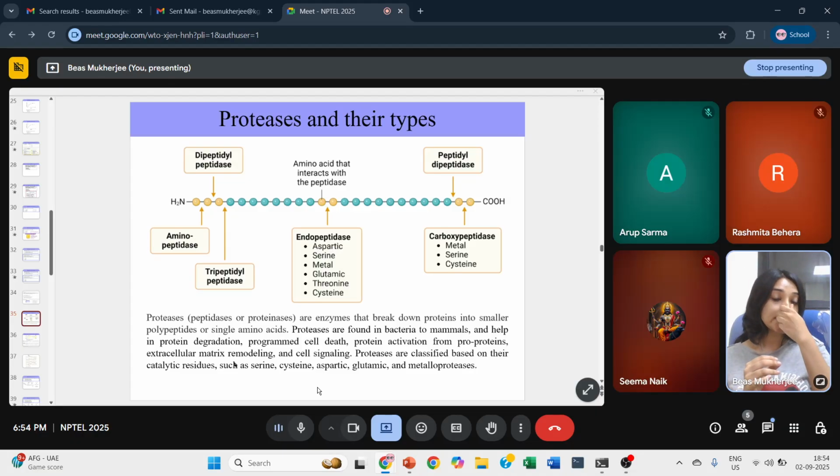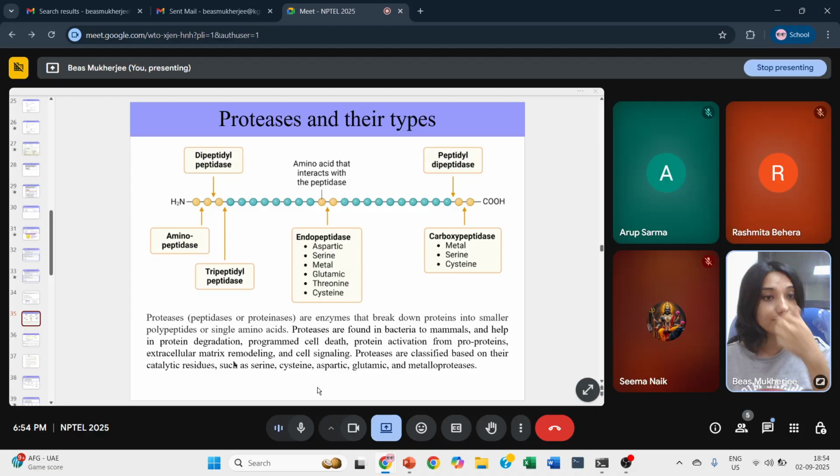Now you know that there are some proteins which need to be cleaved, only then they will become active, right? And then there are some proteins which undergo some kind of cleavage. So there are these zymogens. Zymogens are enzymes that undergo cleavage. Only then they are going to be active enzymes.